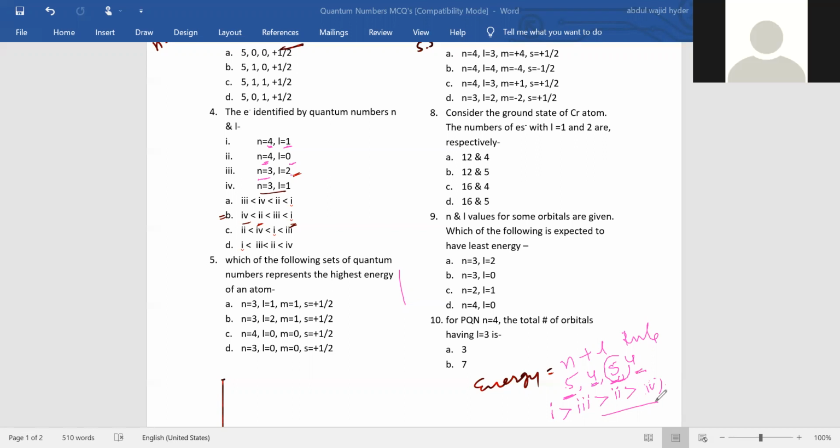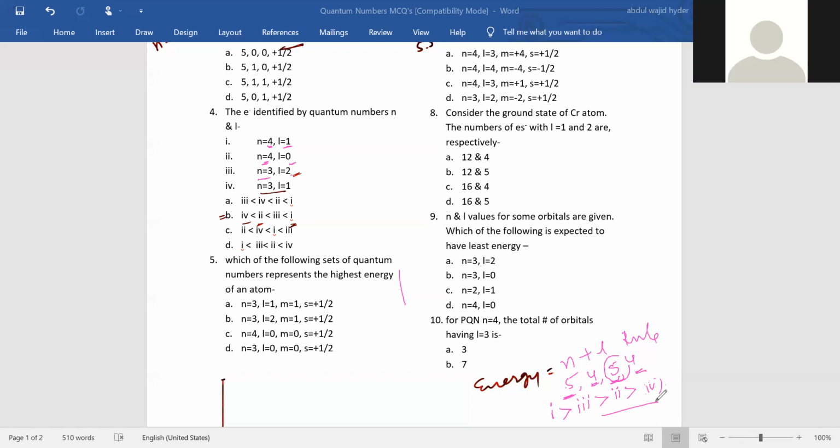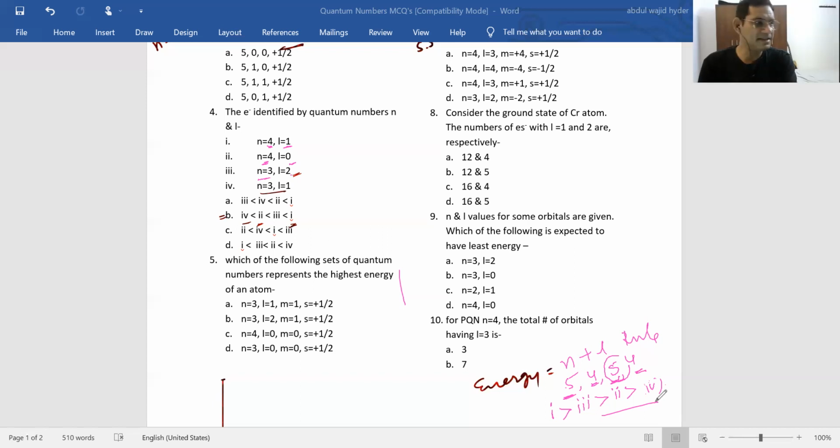If n plus L is higher, then it will be having higher energy. But if n plus L is the same, see in this case 5, and in this case also 5, which is having the higher n value?